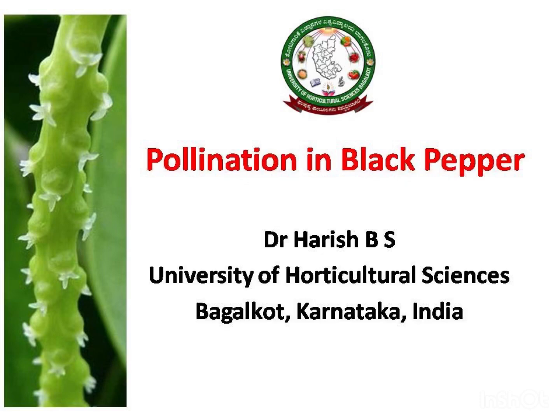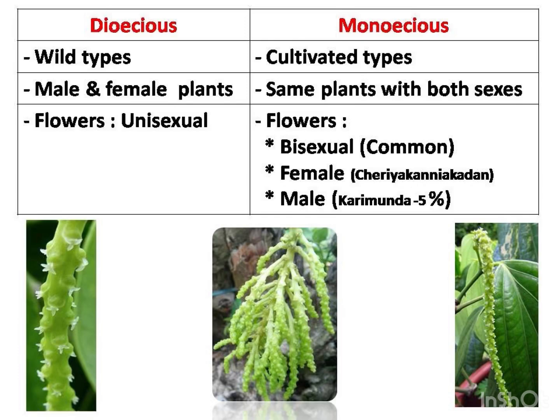Let's see. If you see the evolution of black pepper, the genus Piper nigrum, in its wild forms or the wild types of Piper, they are dioecious in nature, means we have separate male and female plants.